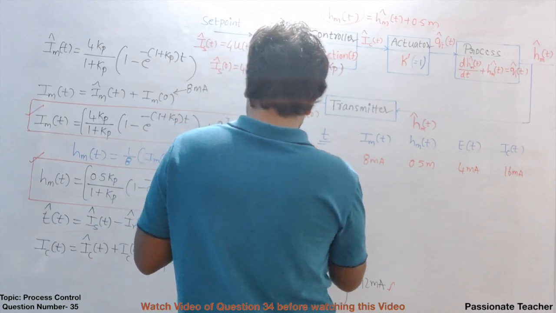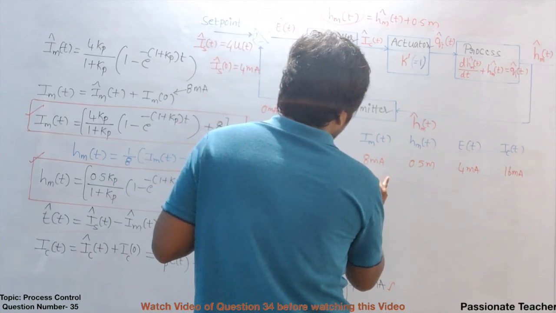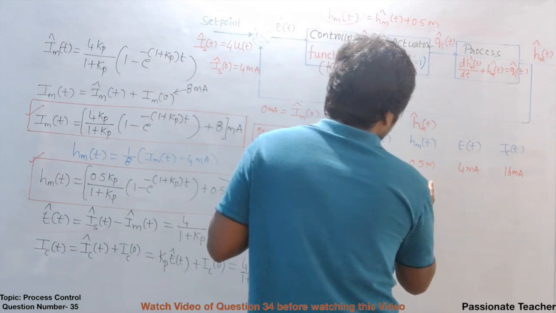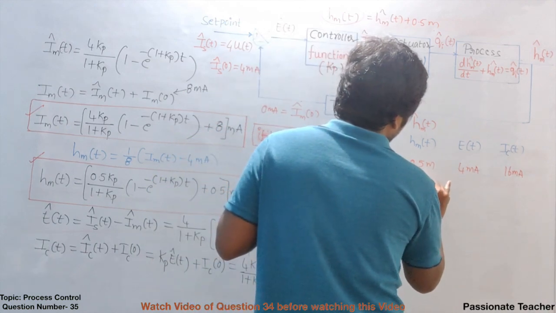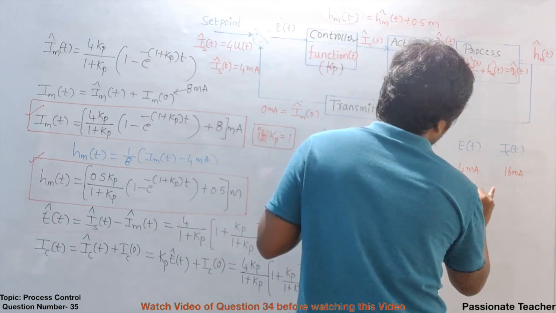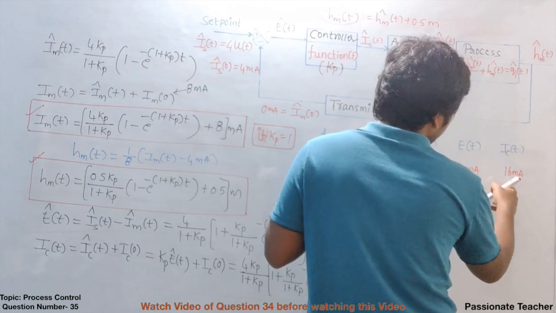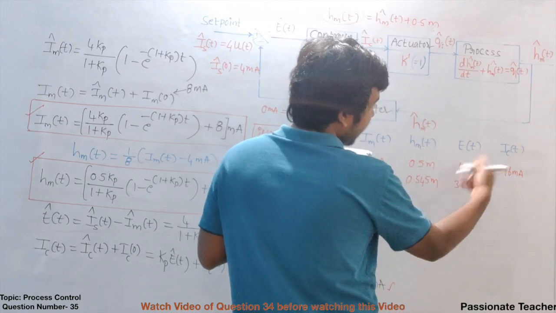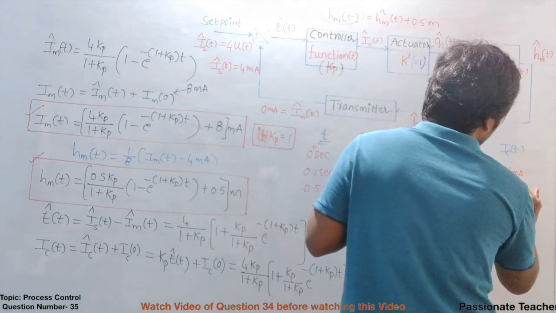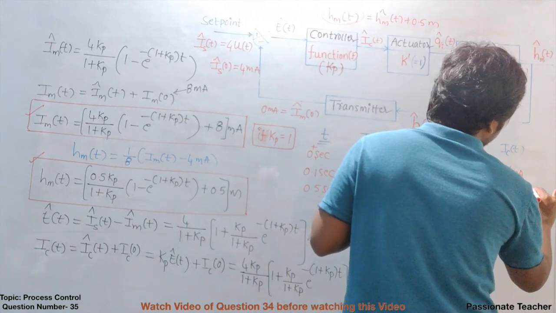At 0.1 second, this value will be 8.36 milliampere, and this value 0.545 meter, and this will be 3.64 milliampere, and this will be Kp into error plus 12 milliampere. So how much are you going to get? That is 15.64 milliampere.